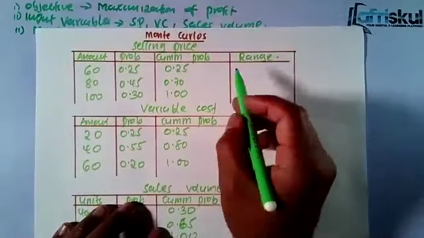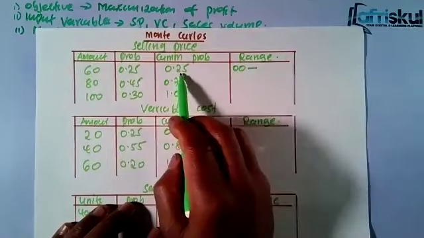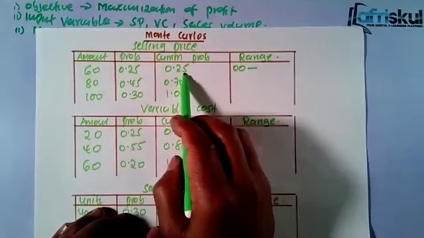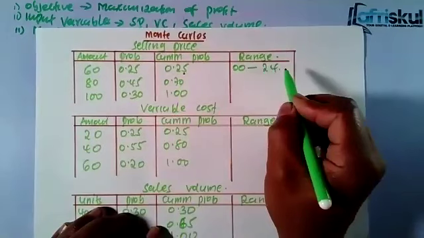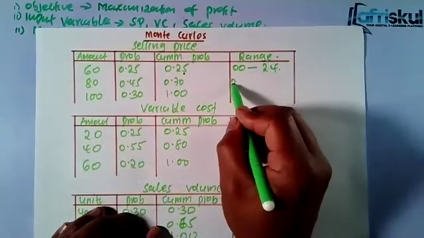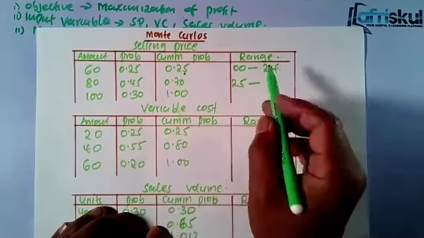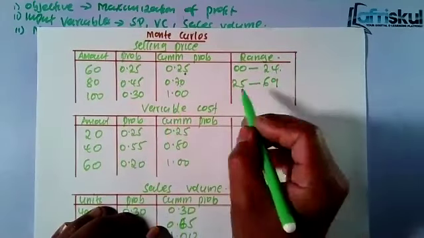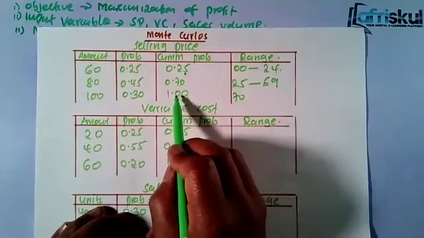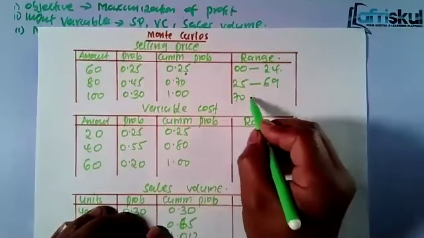You come here, 00, this is 25. 25 minus 1, you get 24. Then you come here, you start with 25, this one, this is 70. 70 minus 1, you get 69. You start here at 70. This is 100. 100 minus 1, you get 99.